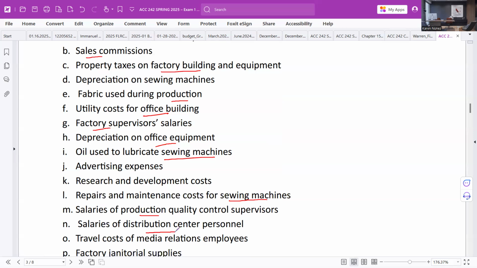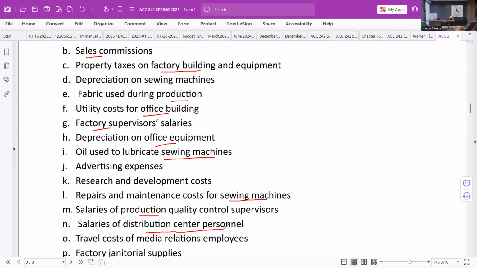Salaries of the distribution center personnel. Now, here's one that tends to pose problems for students. Salaries of the distribution center personnel. It's not production center personnel, the distribution center. So distribution occurs after production. It's not a cost that's incurred during production, hence it's not a product cost.